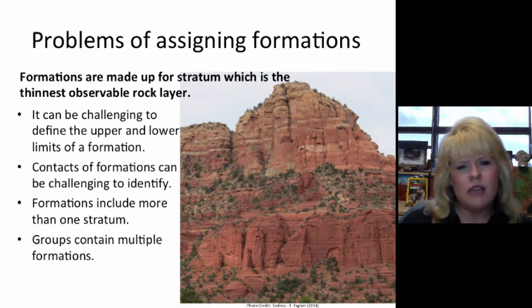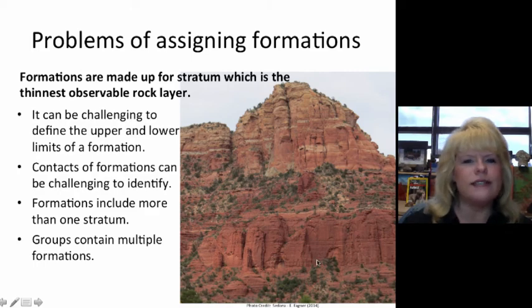But in the Schnebly Hill are a number of members that make up this. For example, the Bell Rock member. For example, the Fort Apache member. So there's individual members, and the newest geologic formation that's showing at the top of this rock, or the youngest actually, is the Coconino Sandstone, which happens to be a famous rock layer in the Grand Canyon.